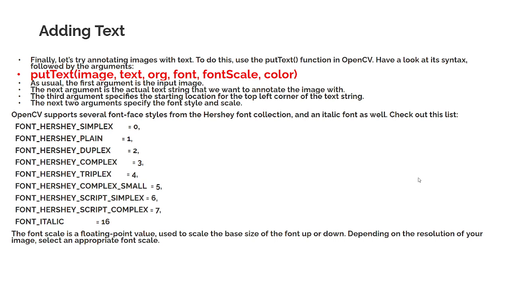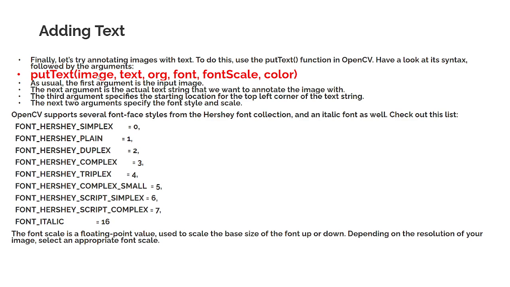Adding text. So this is the second point, that you can also add text in the given image. Okay, so annotating an image is not only about drawing shapes, but you can also add some text wherever necessary. So how are you going to add that text? By using the putText syntax, which is also from the OpenCV library.